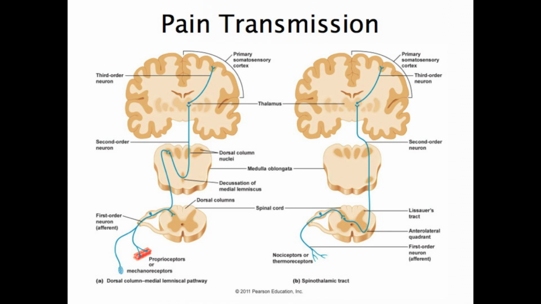So they synapse in the spinal cord, and that sends an axon that crosses over at about the same level, usually a little bit higher, and that goes up to the thalamus, so the spinothalamic tract.